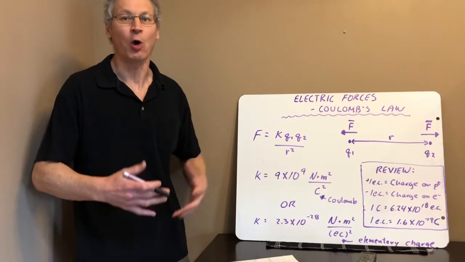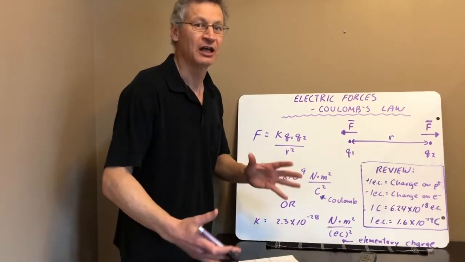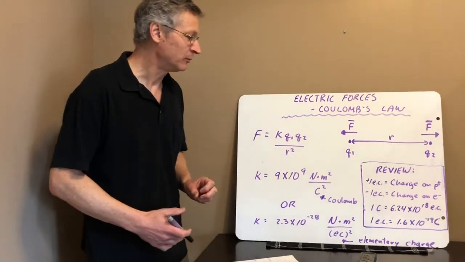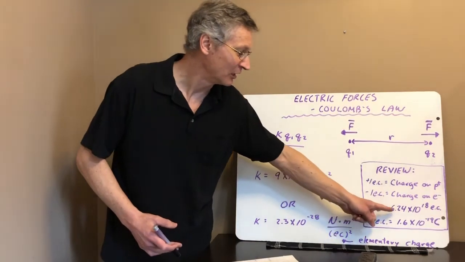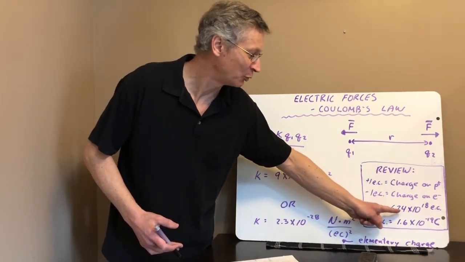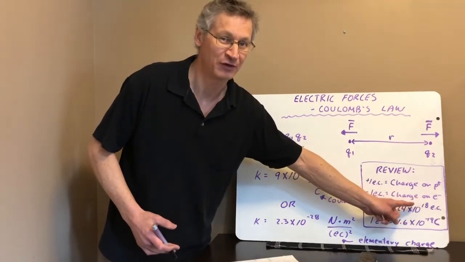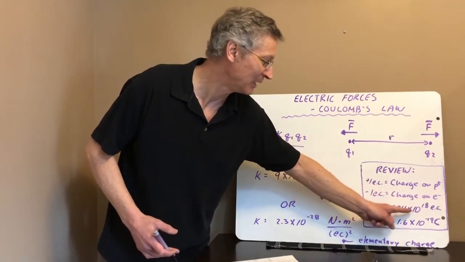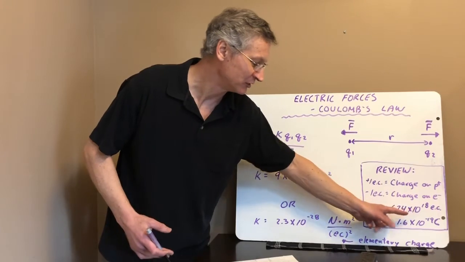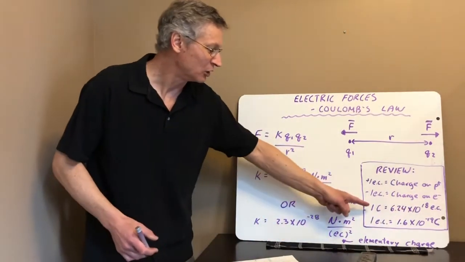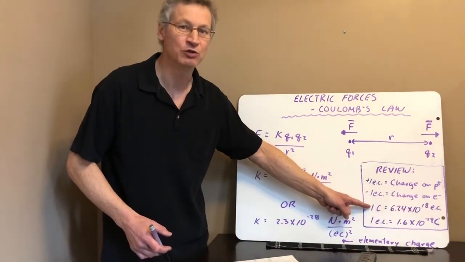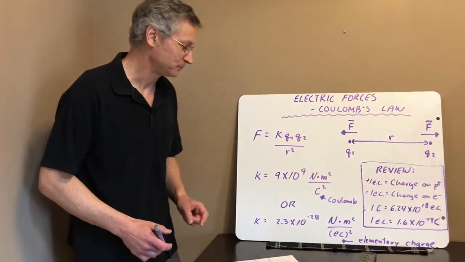If you take 6.24 times 10 to the 18th elementary charges and stick them all in one place, you've got a charge equal to 1 Coulomb.